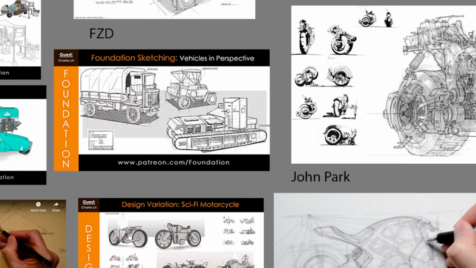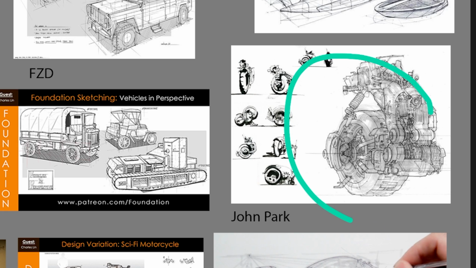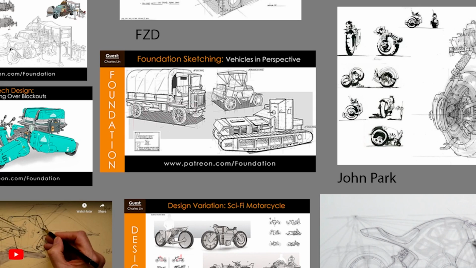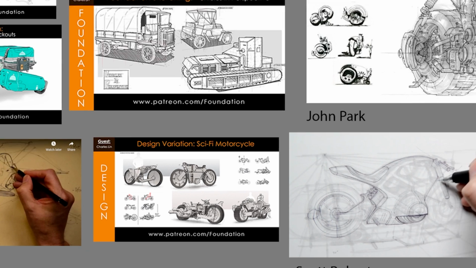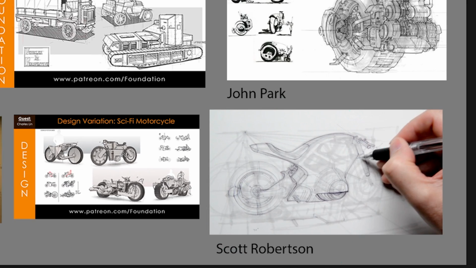And then you start using some of the dividing lines here, like John Park did with the ellipses, as well as the wheels here, those kind of divisions, and having that be believable in perspective, it's harder to draw. You can see the same here in the motorcycle design, as well as motorcycle design by Scott Robertson.